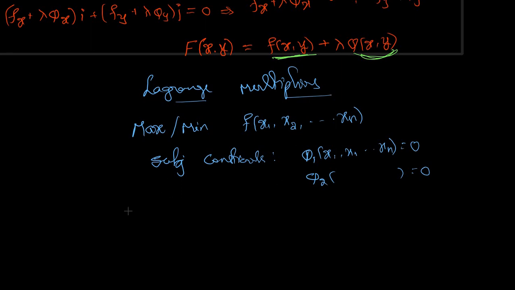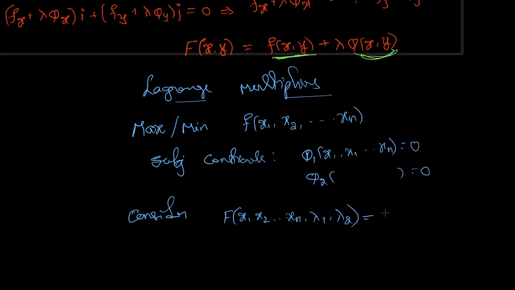Then you construct a new function, capital F of x1, x2 and so on up to xn, along with lambda 1, lambda 2. If you have only two constraints, 2 lambdas. If you have 3 constraints, 3 lambdas.